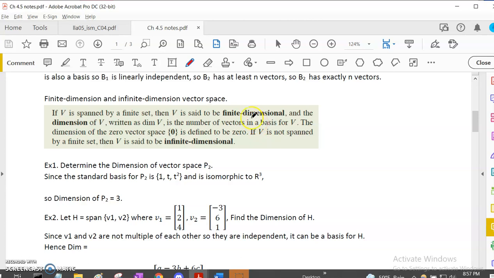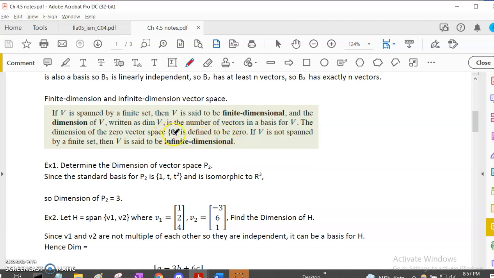Another term is finite dimensional versus infinite dimensional. Finite dimensional is when the vector space can be generated by a basis that is finite, from 0 to n vectors. If the basis is empty, then there is one vector in the whole vector space, and it's the zero vector space.